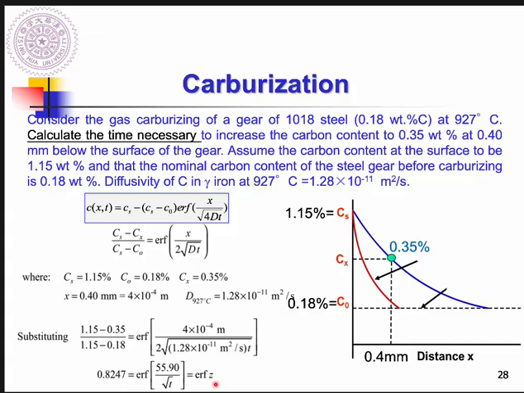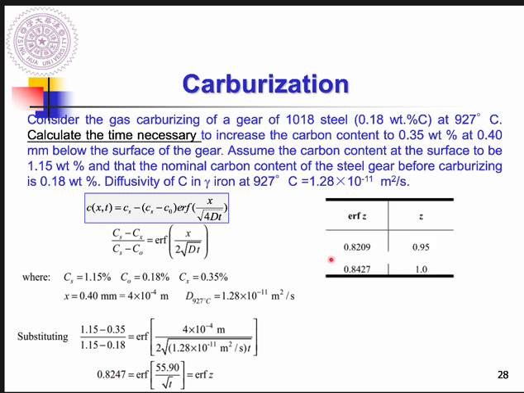After calculation, you get the error function of z equal to 0.8247. After checking the tables, 0.8247 is in between these error function values. I will put z here because I want to know z, then I can get t. It's easy, right?